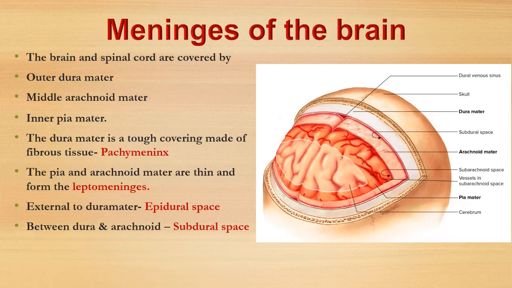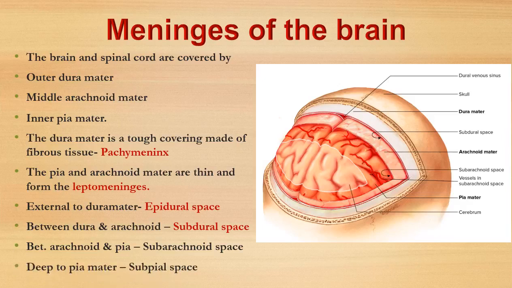Then the subdural space is below the Dura Mater, and below the arachnoid mater is the subarachnoid space, which consists of your cerebrospinal fluid. Same way, deep to the pia mater, you have the subpial space.